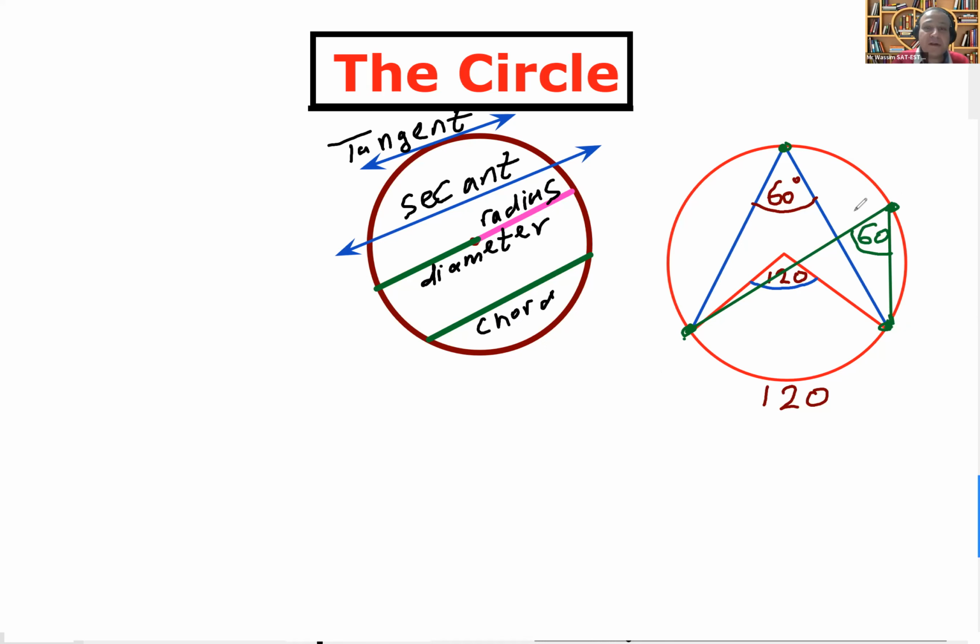Thank you, Omar. Now, no, wrong, Verena. It's inscribed, not central. Okay? What about this one? Equal how much? Correct, Rimaz.